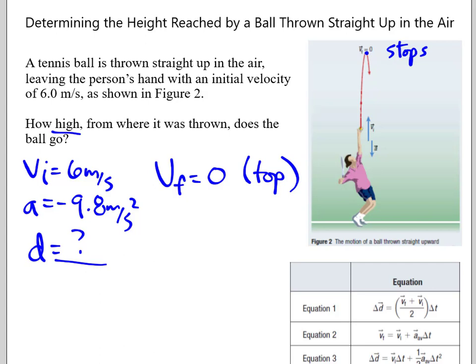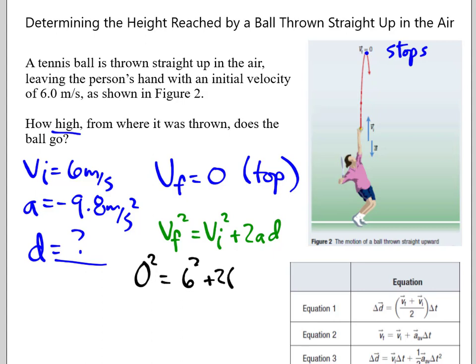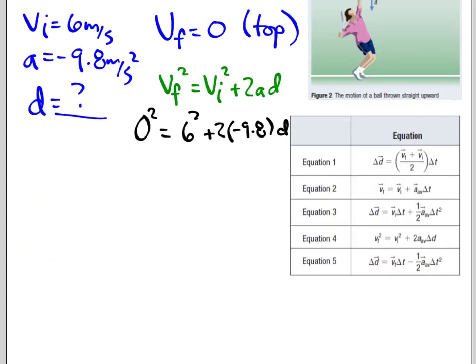So if we look at our equation, I'm thinking equation number 4. VF squared equals VI squared plus 2AD. Put in our known information: 0, 6 squared, 2, negative 9.8, and a D. I'm going to shortcut a few lines here just in the interest of time and speed. So 0 equals 36 minus 19.6D.